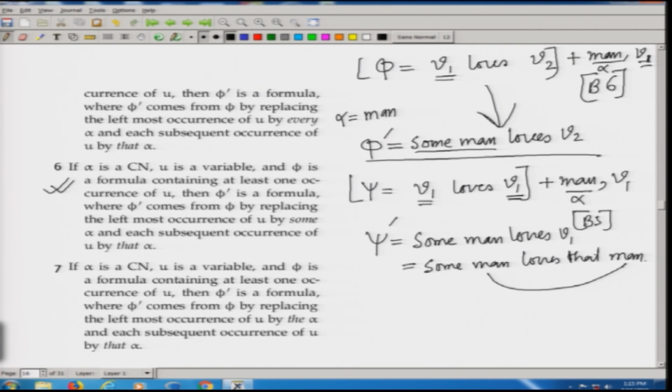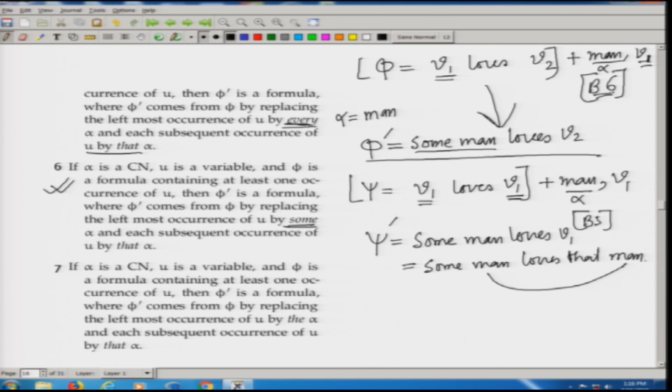Now we consider B5, where we have every. The rules are exactly the same except for the quantifier. So this is the every rule, and this is the some rule. We did the some rule first, not a big deal, and we are right in writing B6 here. Now let us consider B5. It's the same thing.